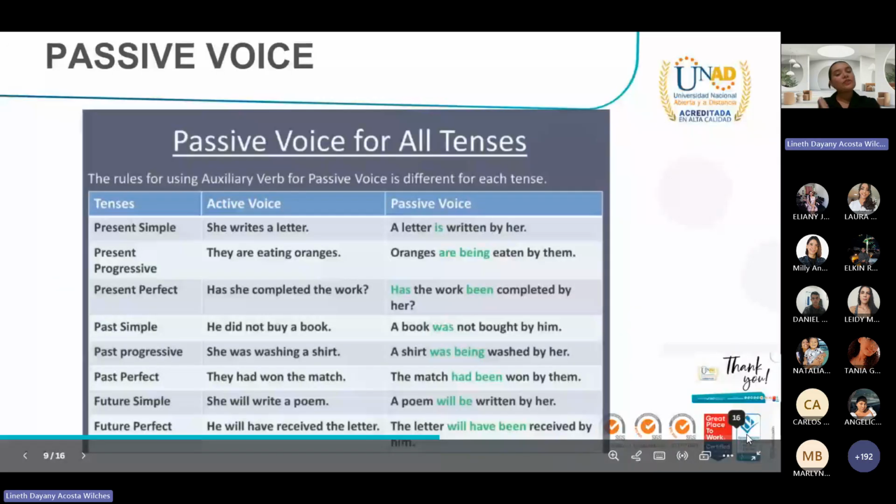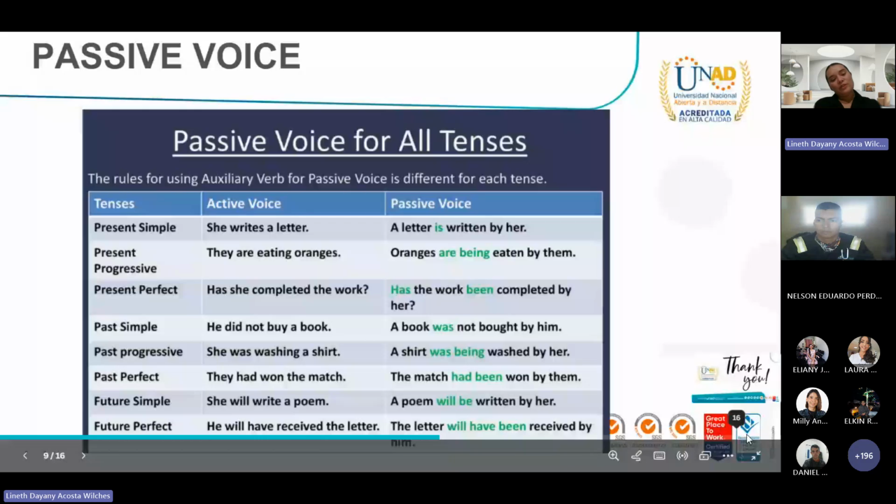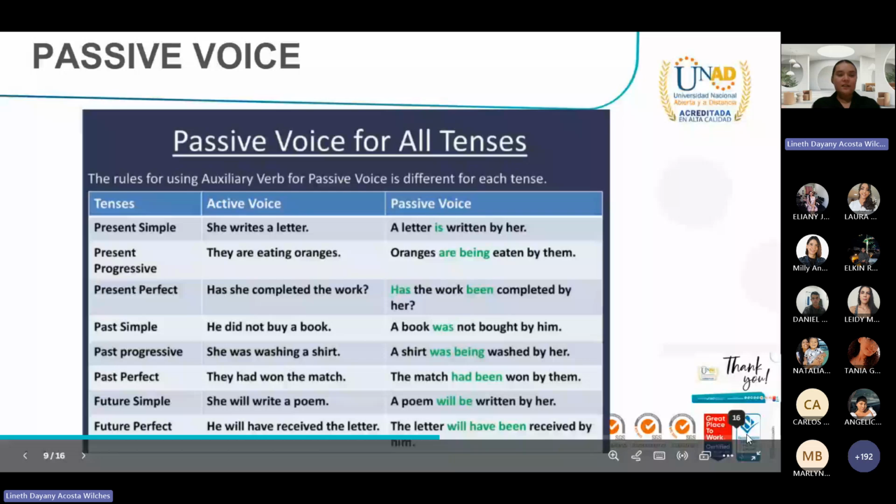As I said, there is a small chart that maybe helps you understand a little bit better. Present simple, present progressive, present perfect, past simple, past progressive, past perfect, future simple, future perfect. Here is the active voice and the passive voice. This one is "she writes a letter.